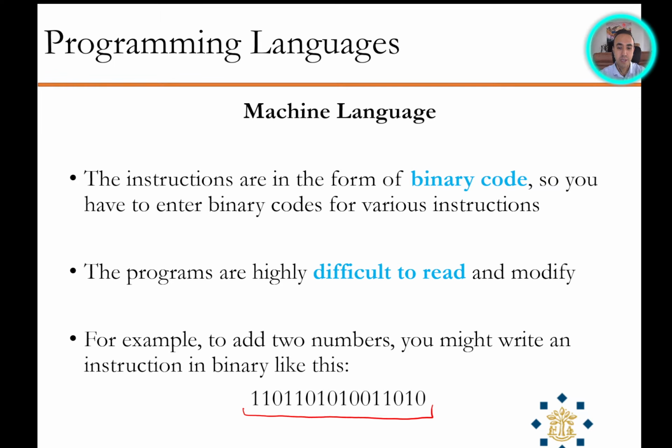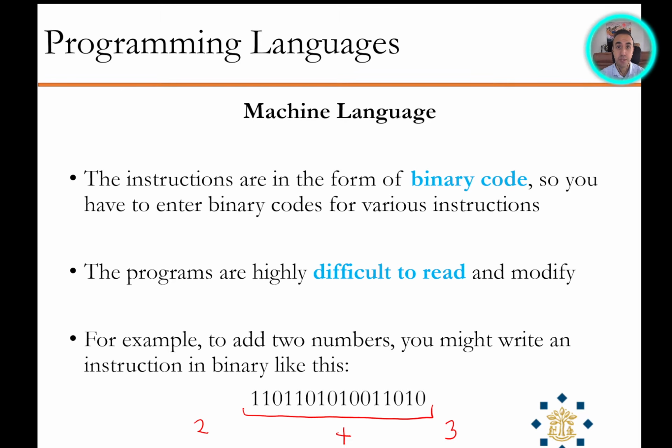As you can see, this instruction is just an addition instruction. For instance, if you have 2 numbers, 2 plus 3, you tell the computer the plus, and the computer sees this 1101, etc., and then understands: oh, okay, this is an addition operation, so I'm going to add 2 to 3.